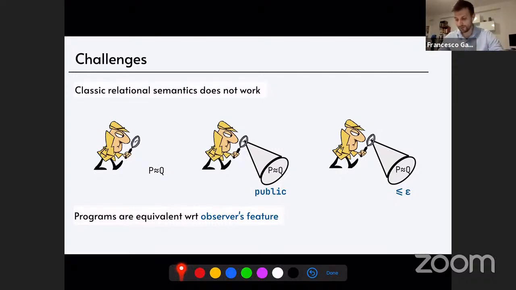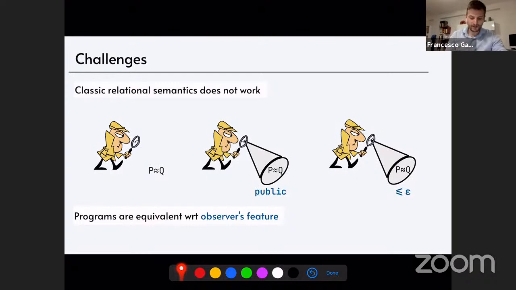And the same happens again with program sensitivity. Now we can think of the observer as having some limited accuracy in her observation, and she cannot distinguish programs which differ by an error below epsilon, so that the observation is not accurate enough for that. However, as long as we improve the accuracy of the observer, then the programs should not be regarded as equivalent anymore.